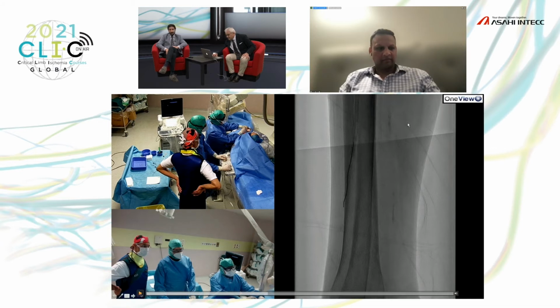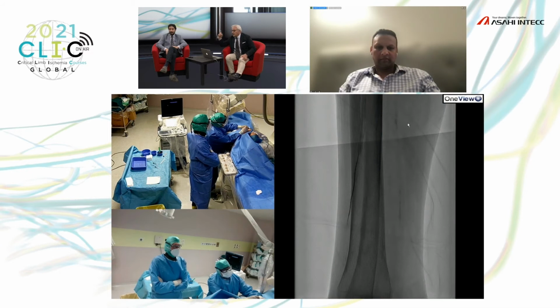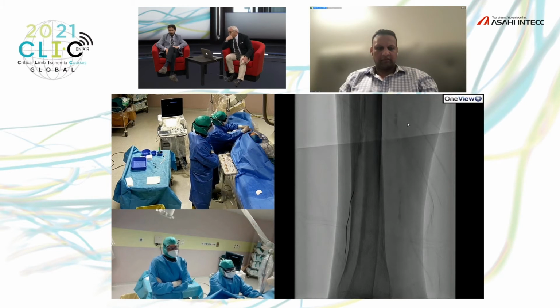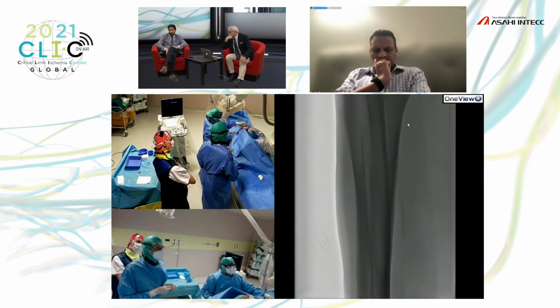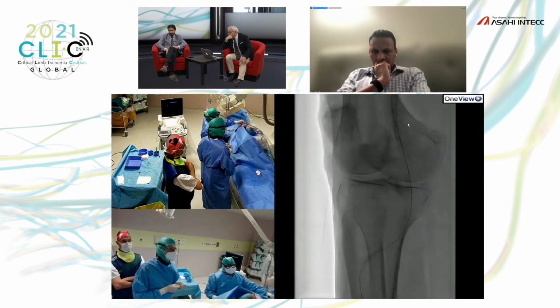I can show you. The difference is that the previous catheter was curved, bended, while the Boston catheter is straight. You can see here the microcatheter arriving, with the three markers.